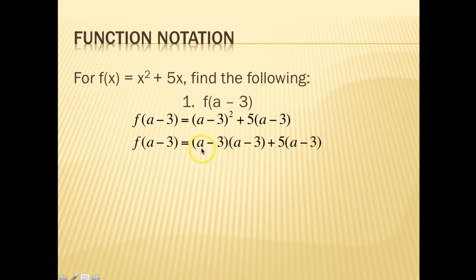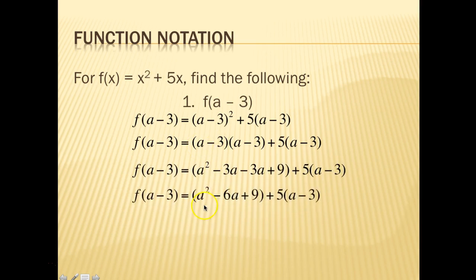If you use the property, we have a squared, then negative 3 squared, which is 9, and then our middle term will be 2 times negative 3 times a, which gives us a squared minus 6a plus 9.